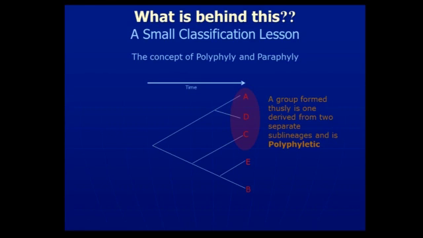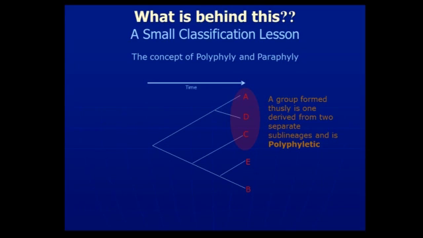If you have a group that includes these two and then this interloper, that group is actually formed of two separate lineages. If you think of a human family in terms of strictly genetics, this fellow is adopted.